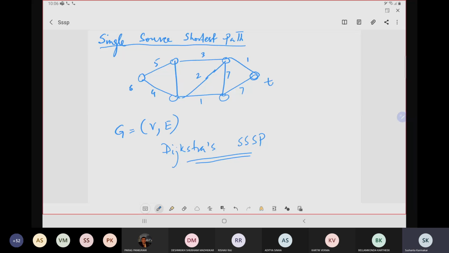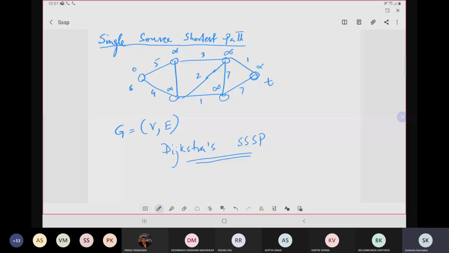So how is this problem solved? Let me just solve it here itself. So initially, this S is assumed to be at a distance of 0 from itself, and all the other nodes are at a distance of positive infinity.